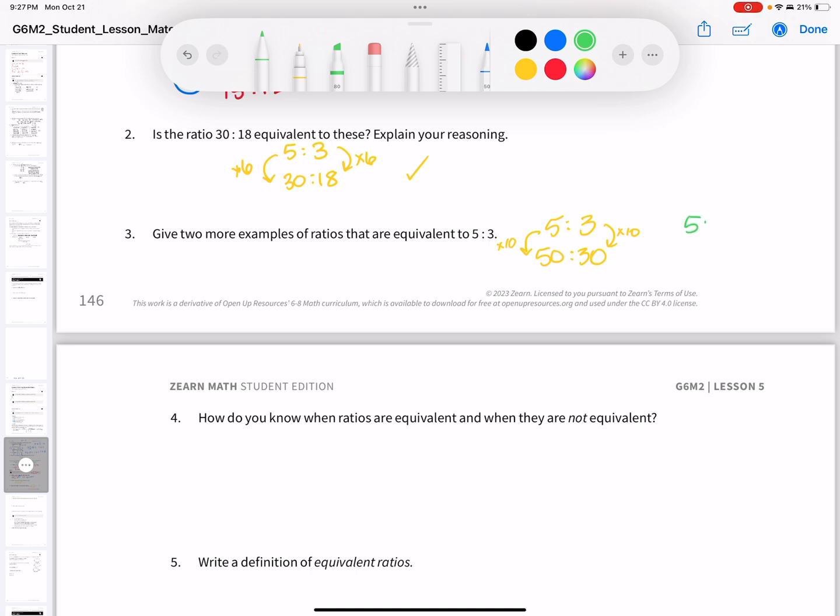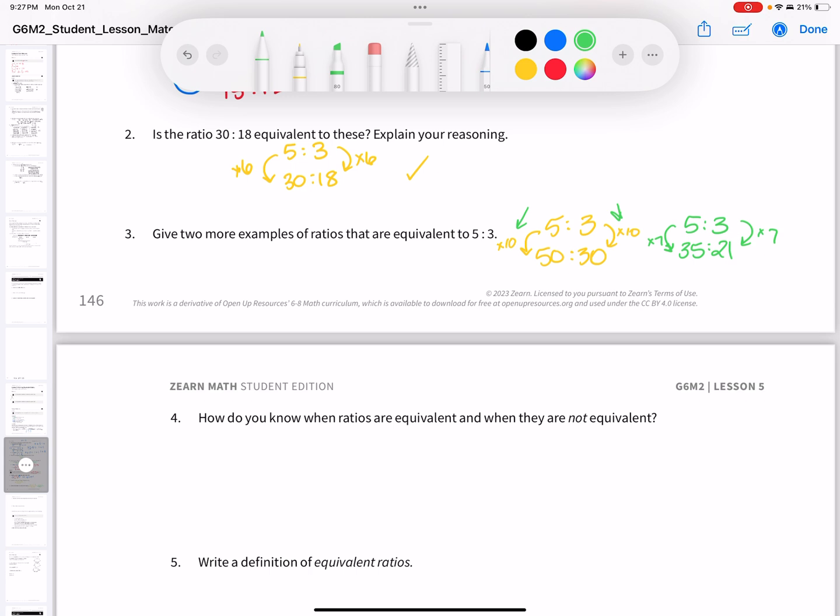All right, let's choose another number. You can do any number you want, just as long as you multiply both sides by the same number. Let's do 7. So 5 times 7 is 35, and 3 times 7 is 21. That is an equivalent ratio.